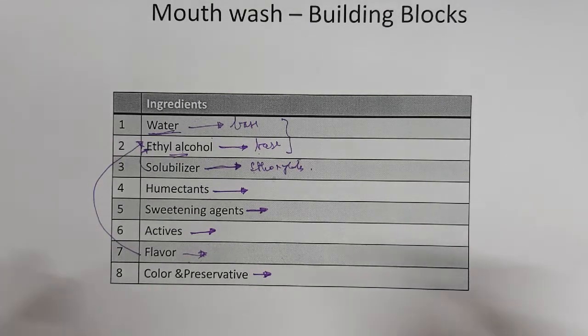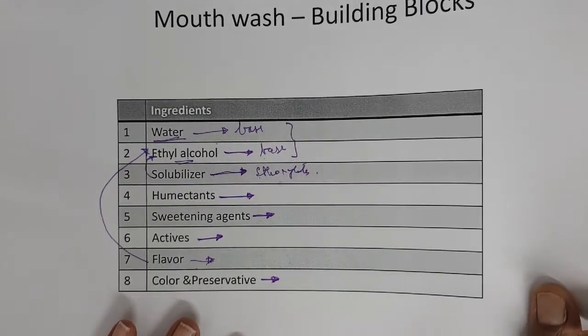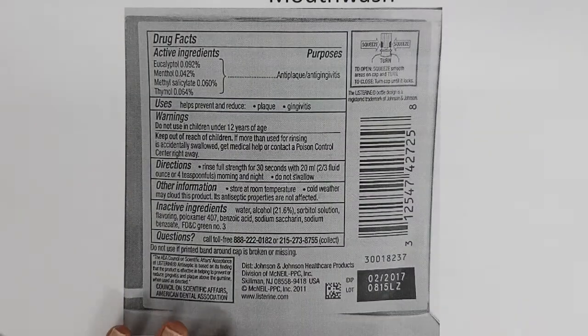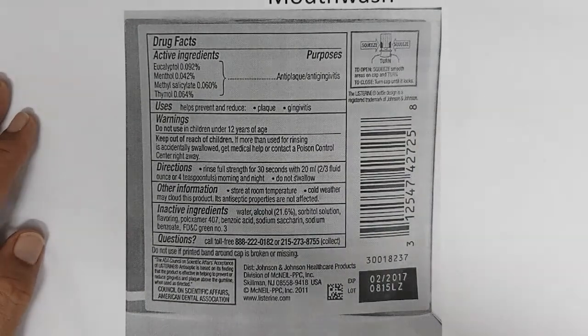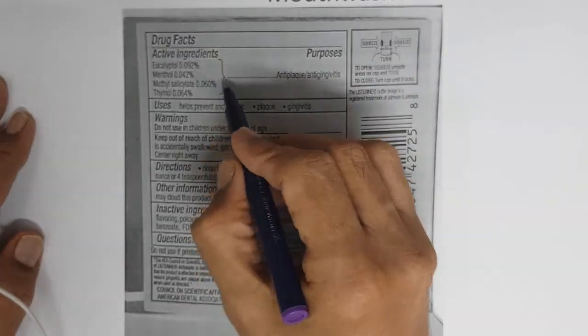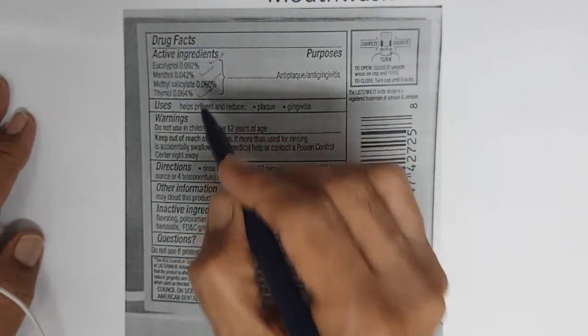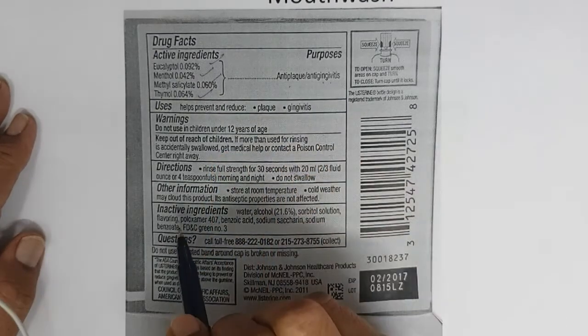Right? So we will go to some of the marketed products and see how the ingredients are listed on the label of those products. This is one of the marketed products. This has essential oils as actives: eucalyptol, menthol, methyl salicylate and thymol, and it is for anti-plaque, anti-gingivitis.